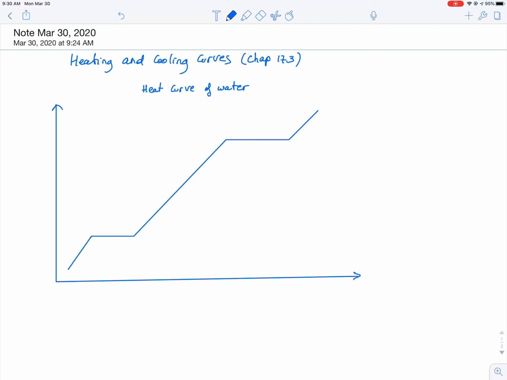And here's my question to you. How many steps are there for a piece of ice at negative 10 degrees Celsius to reach 115 degrees Celsius?